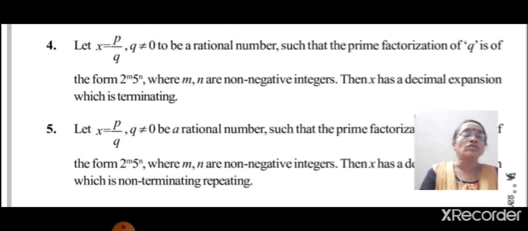If you are able to write it in that form, either 2 raised to m into 5 raised to n, m and n can be non-negative, which means it can be 0 also. 5 raised to 0 means no 5, only 2.